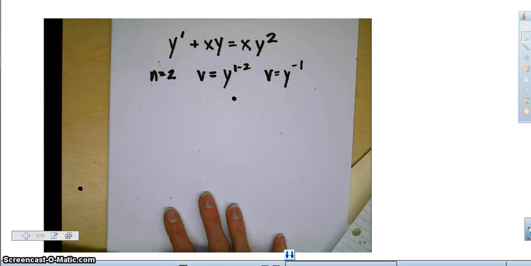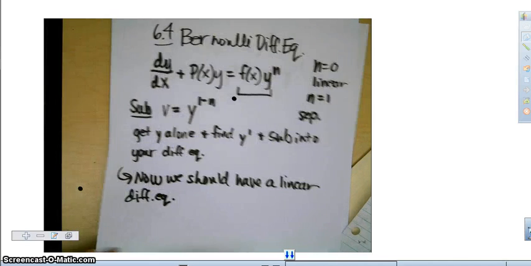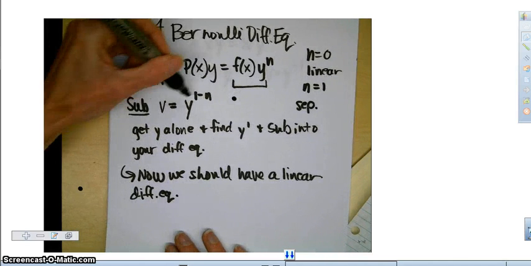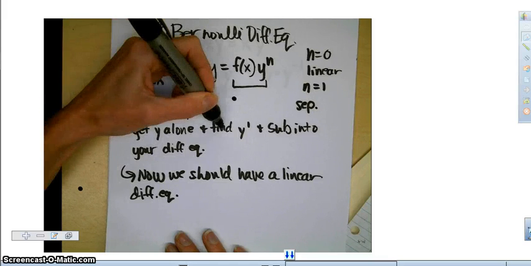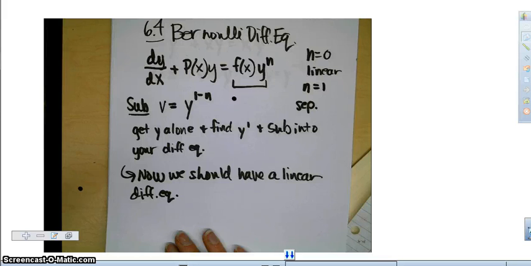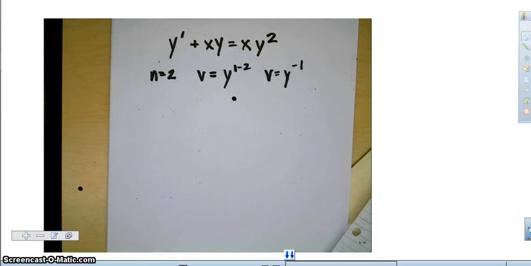What this substitution is going to do for our differential equation is change it into a linear differential equation. So now, what do I do with that v problem? What did I tell you in our strategy? Get y alone and find y prime, and then use both of those things to substitute into our differential equation.